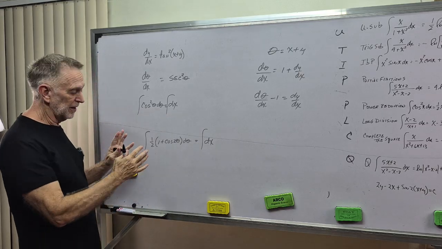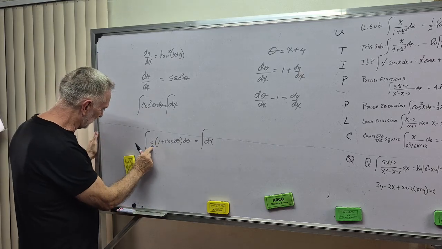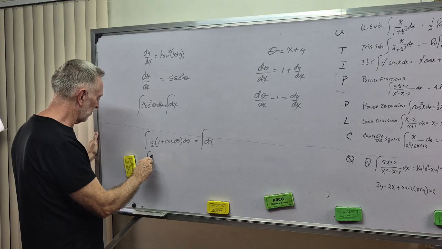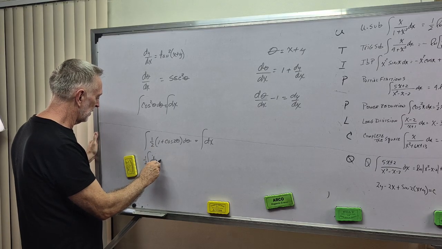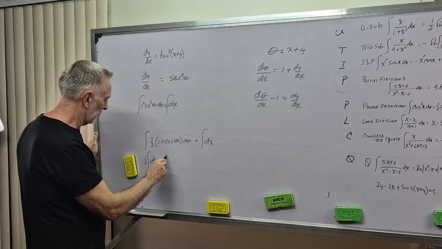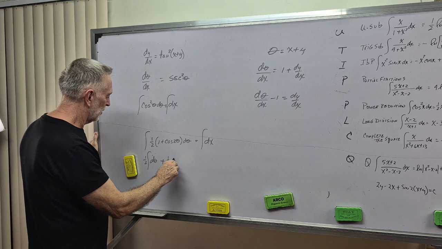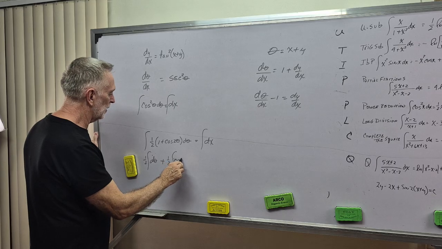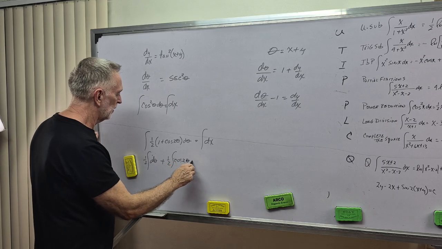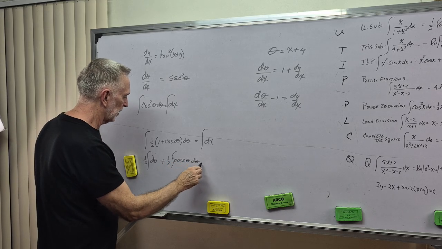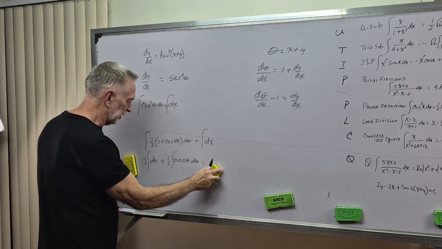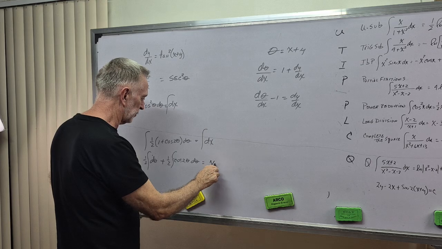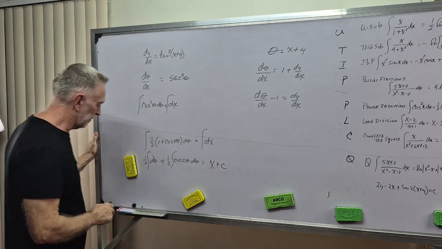You know me, I like to separate out, so I don't lose that 1/2. Integral of 1/2 d theta plus 1/2 the integral of cosine 2 theta d theta. And that equals the integral of dx, which is just x plus c. Let's go ahead and just get that out of the way.